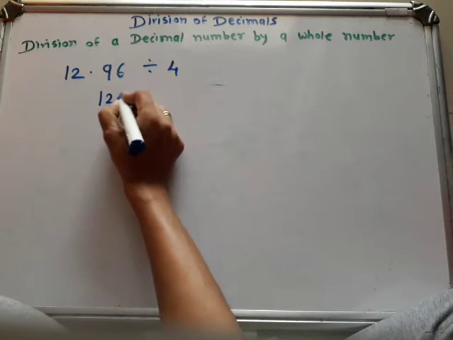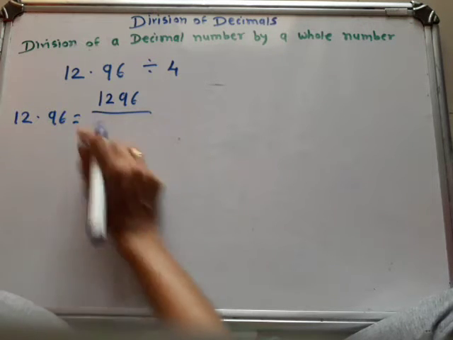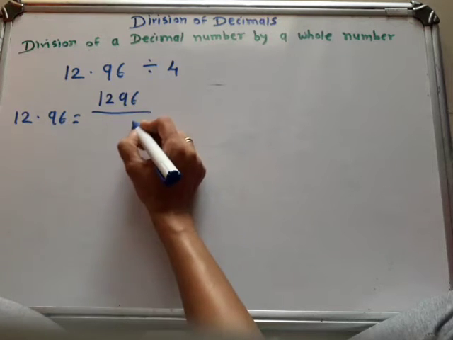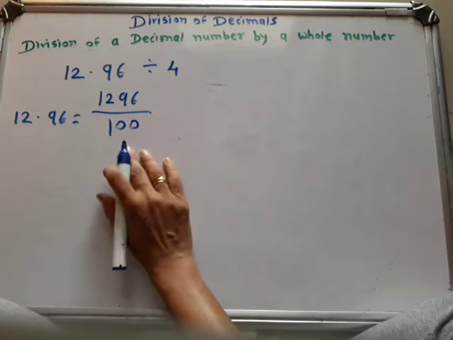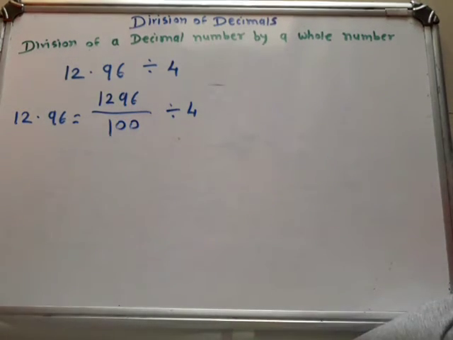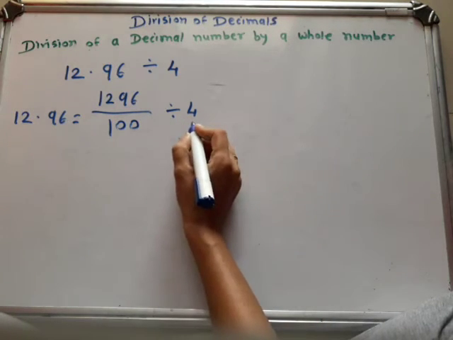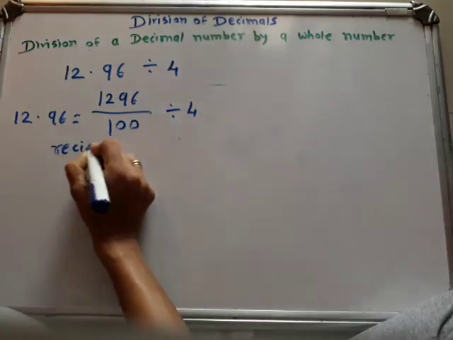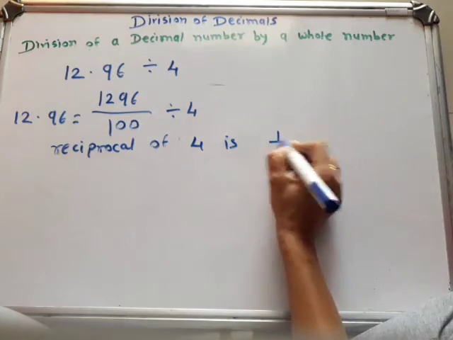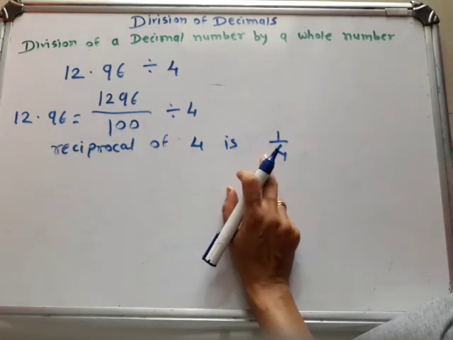So 1296, we remove the decimal point. After the decimal point there are two numbers, so you have to write 100, divided by 4. After that we write the reciprocal of 4. What is the reciprocal of 4? It is 1 upon 4.